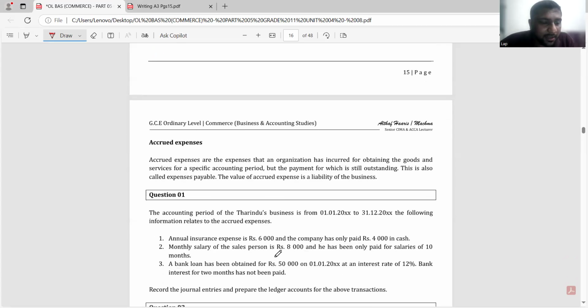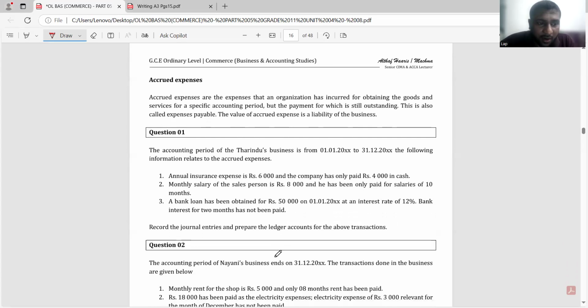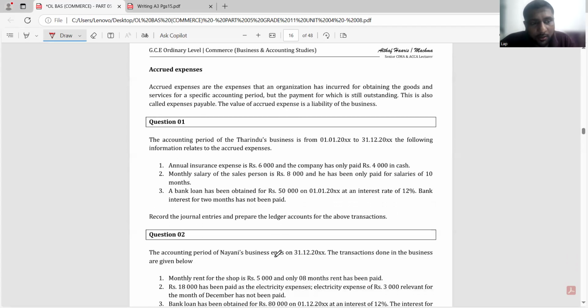So I'll explain these adjustments one by one using the questions which are there in the material. So first you should know what is this accrued expense. Accrued expenses means the past expenses which are not yet paid.